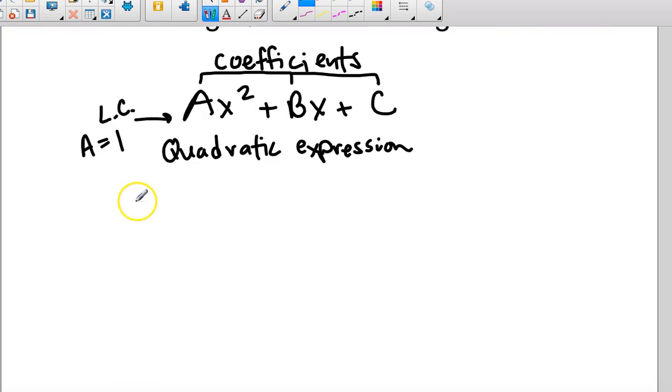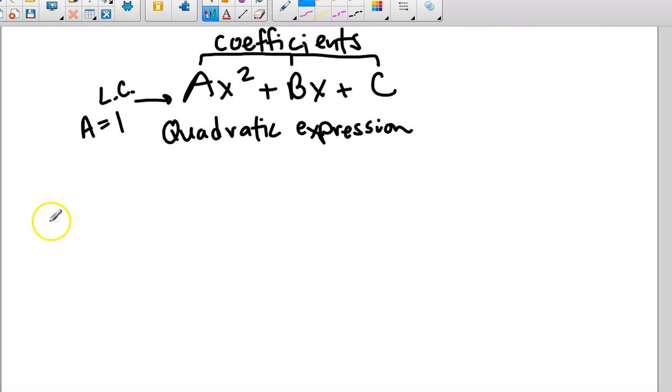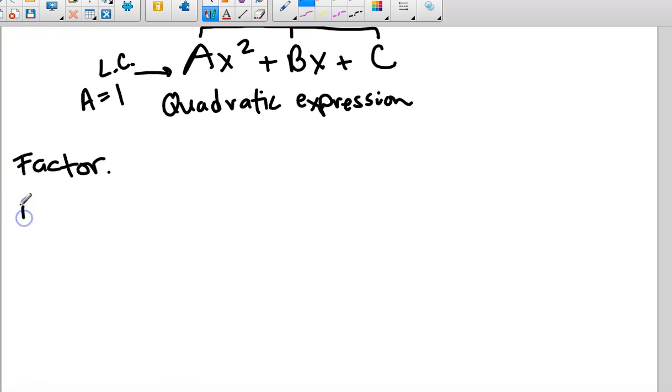Now again, factoring is like backwards distribution, but this time it's kind of like backwards paper boy and paper girl, okay? So we're going to go ahead and factor a few of these, and I'm very visual, so I like to have a visual as I do these. Starting with number 1, let's try this out.